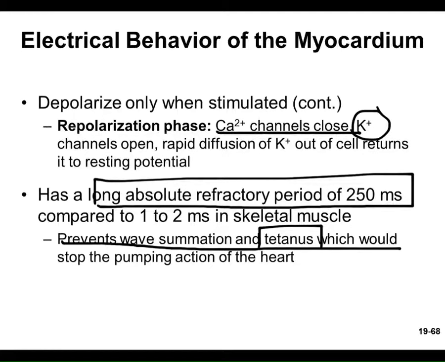What can happen to skeletal muscle? Stimulate, stimulate, stimulate, and you start getting a stair step, and eventually you get up to tetanus, where the cell is in total contraction and can't relax. Because of this absolute refractory period, the cardiac muscle will never go into tetanus. It will never allow for constant summation because of this relatively long absolute refractory period.